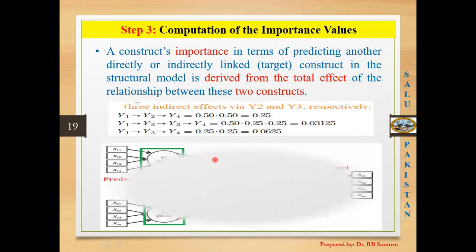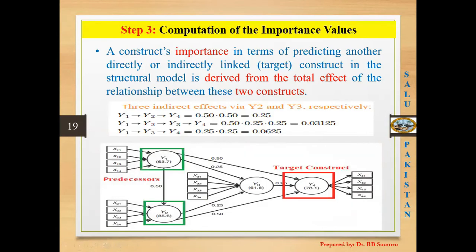Here you are looking at the direct effect. For example, in this one, it is a direct effect. 0.5 is a direct effect. Again, this is also clear that 0.5 is another direct effect.